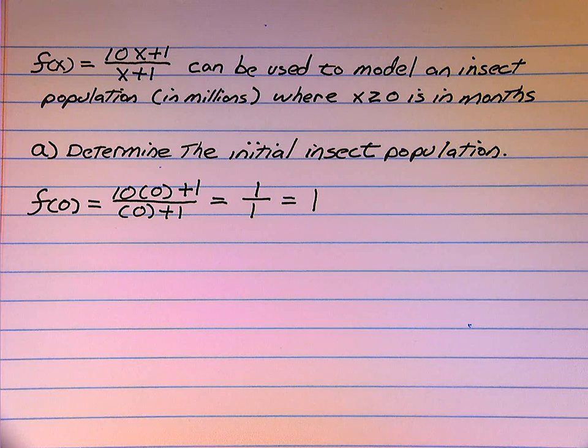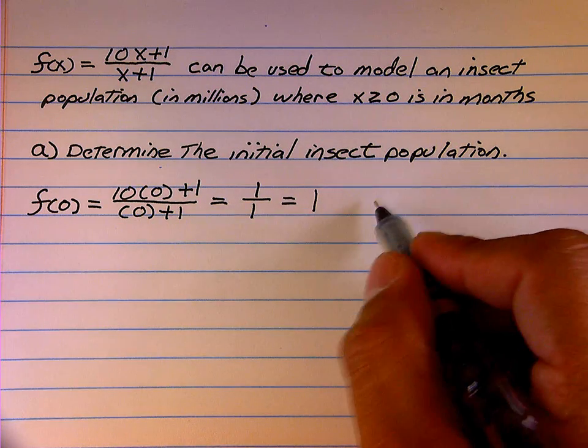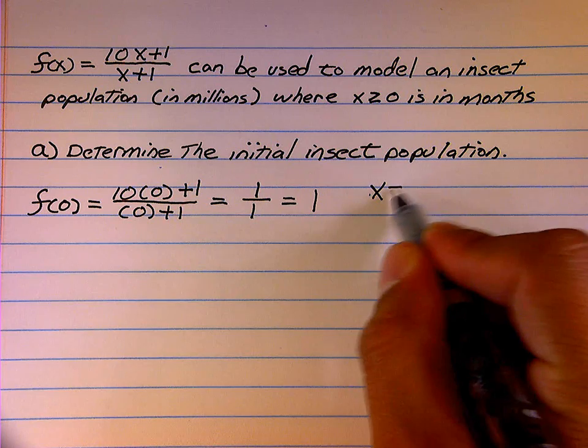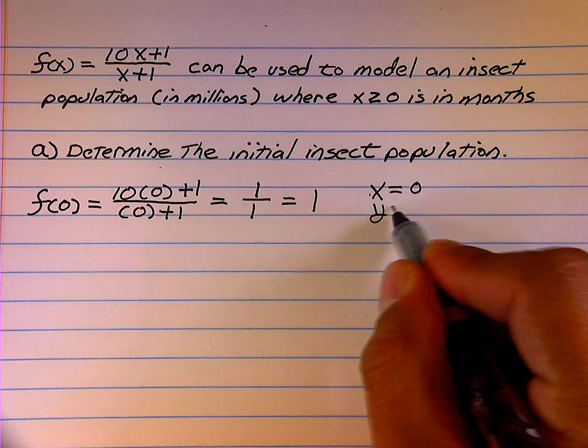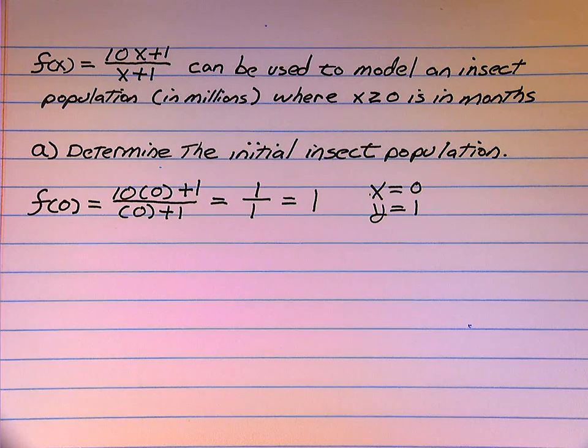That at the very beginning, my insect population was 1 million insects. Because x is 0, y is 1, where my input is months. So the beginning is 0 months, and my output is the population in millions.